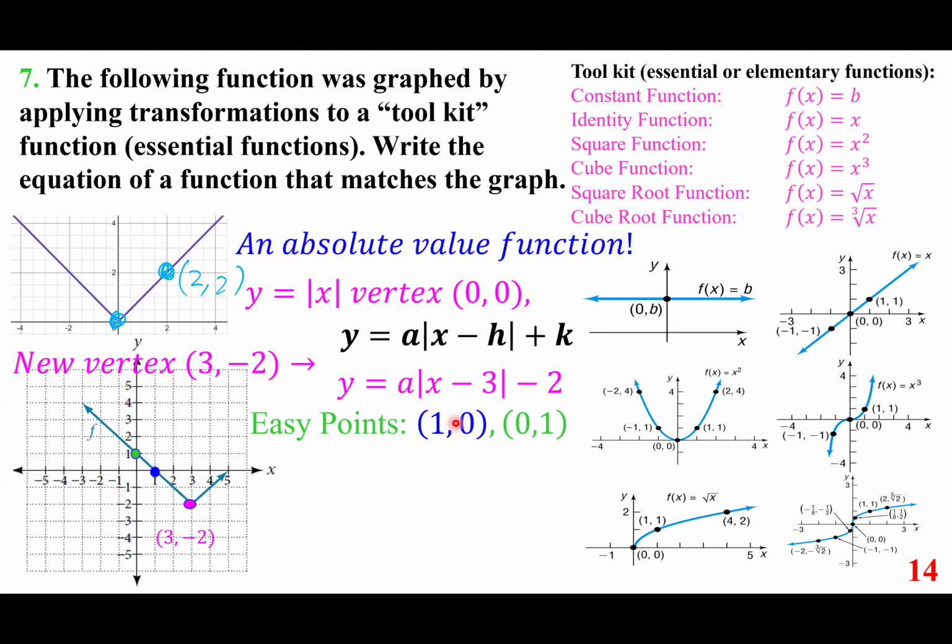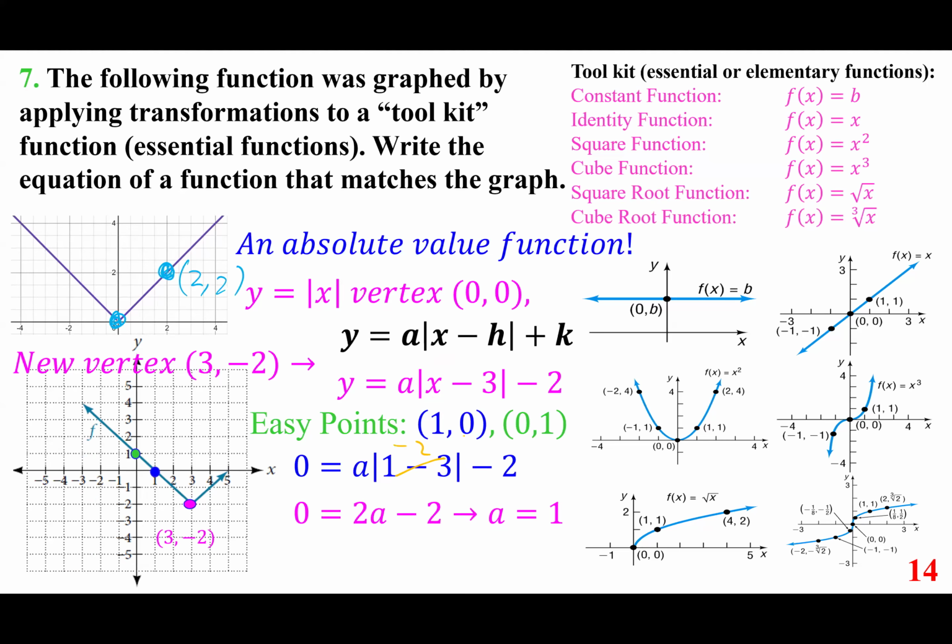So for example, if I choose this one, then y is replaced with 0, x is replaced with 1. 1 minus 3 is negative 2, and the absolute value of negative 2 is positive 2. So this is 2a minus 2, and a becomes 1.